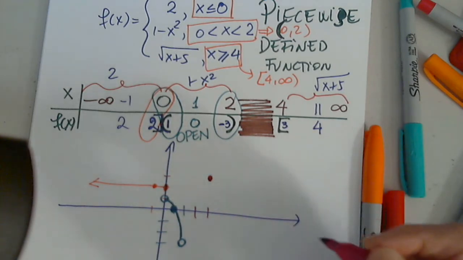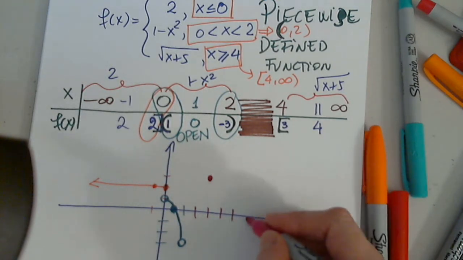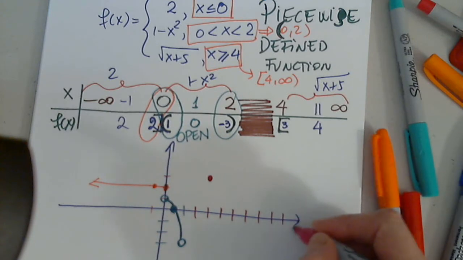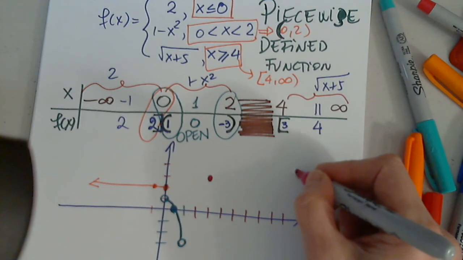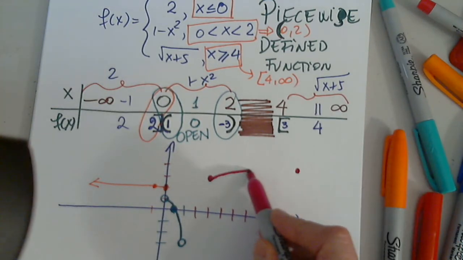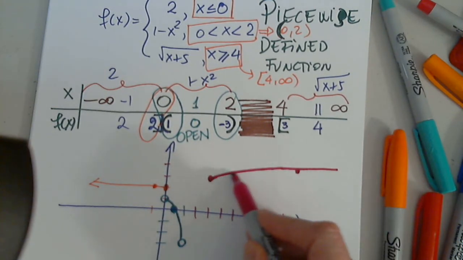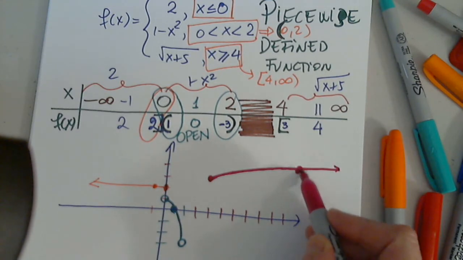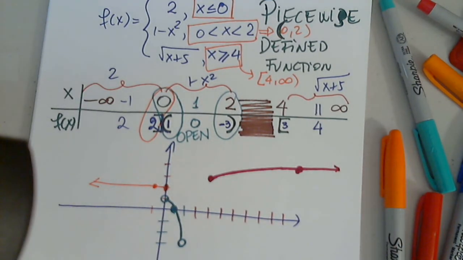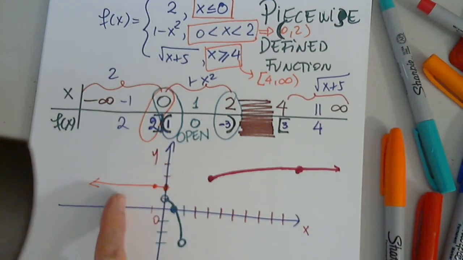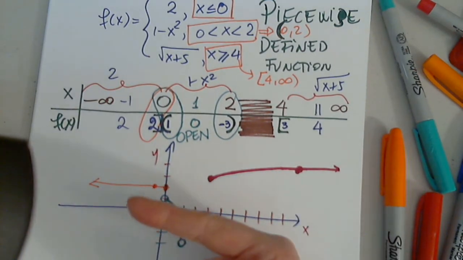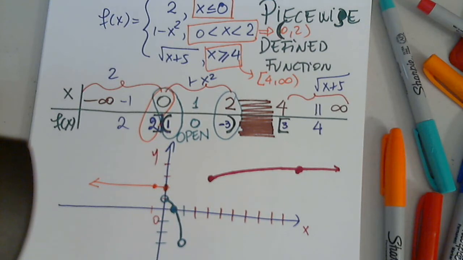Very good. It's not a straight line. It's a square root. So this is our piecewise defined function. You understand that you cannot extend this to the right, and you cannot extend this to the left. And this is the piecewise defined function.